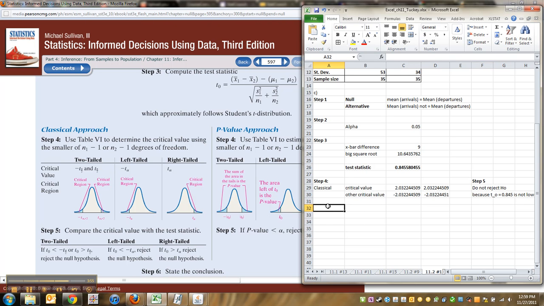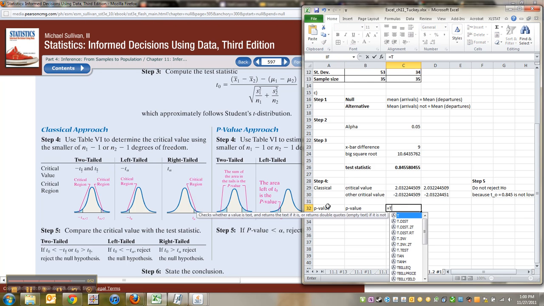All right, now what about the p-value method? So if we did p-value, that would be equal to, well, I guess it's kind of interesting. Equal to t dot dist dot 2t, because it's a two-tailed test. Then you take that test statistic, and you need it to be positive.